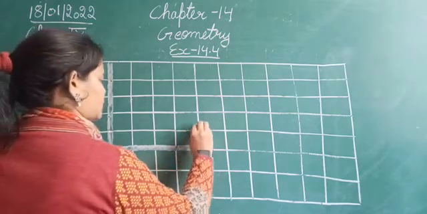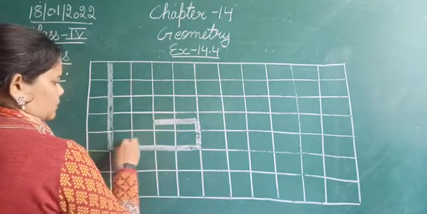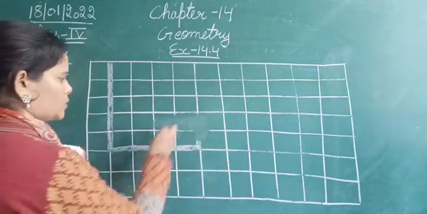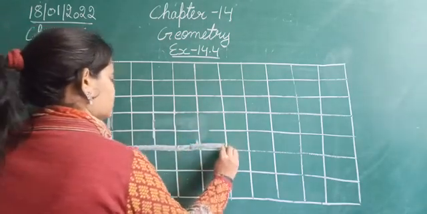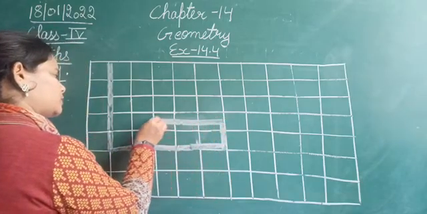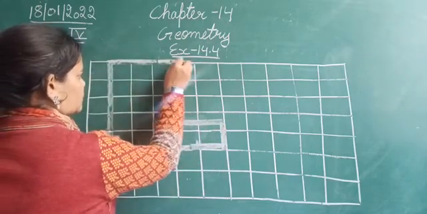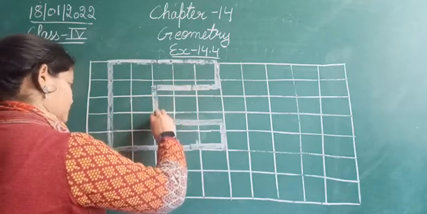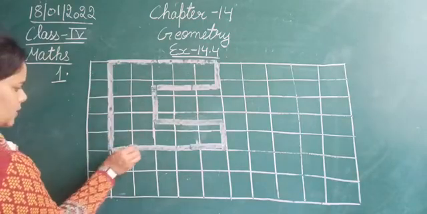Sorry, one more square is there. So this is the figure that is being drawn. The A1 is like this only.